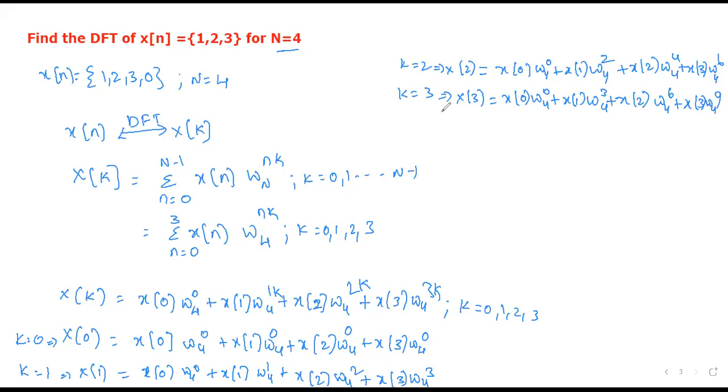So since this equation varies in terms of both n and k, we can represent it in terms of a matrix. If you observe, X of k is equal to, let us write the twiddle factors of the first equation initially. This omega N power nk is called the twiddle factor. So omega 4 power 0, omega 4 power 0, omega 4 power 0 and omega 4 power 0. These are the twiddle factors of the first equation.